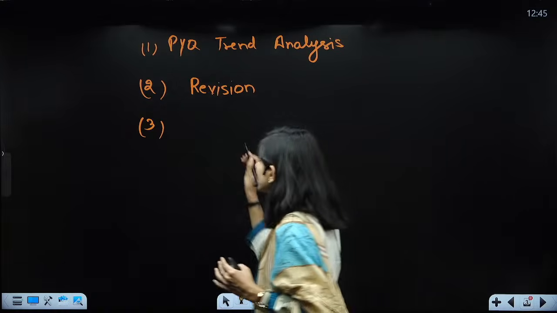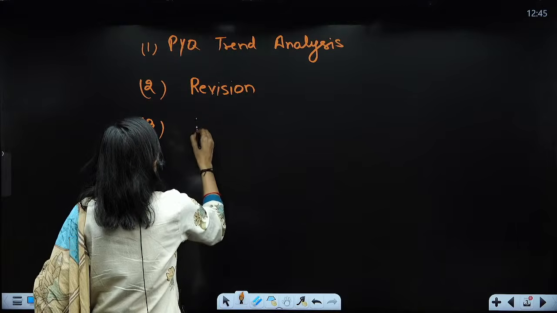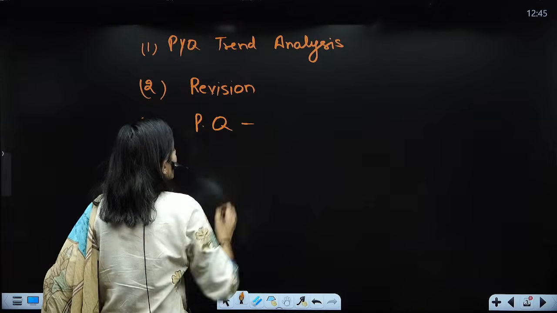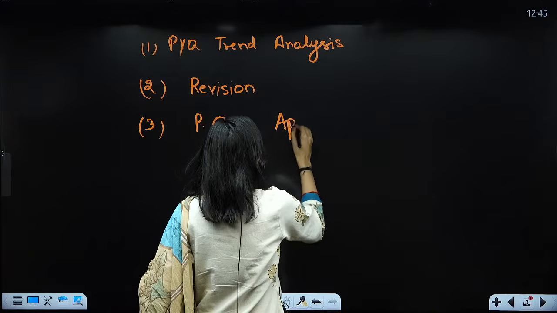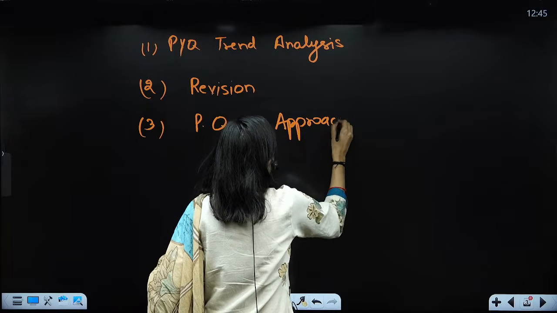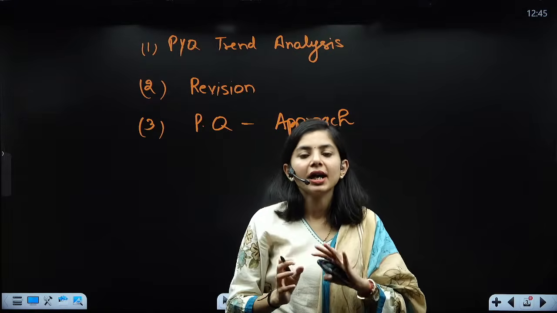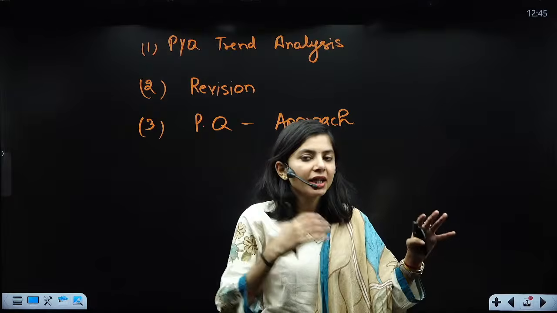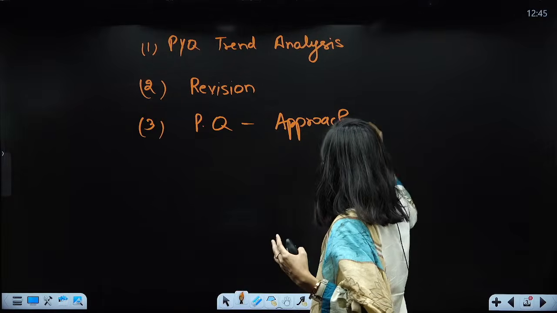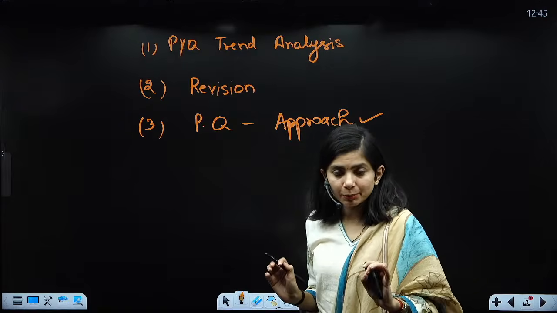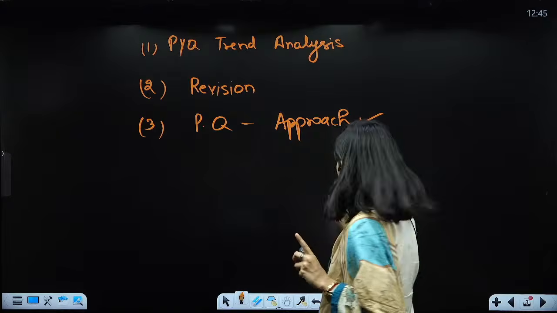Now the third thing, in this session we are going to see some practice questions, and here I'm going to tell you the approach you need to take for those practice questions. That's how you will get to know how to write the answer. Once you are aware of the basic approach, I'm going to share a PDF of the model answer.